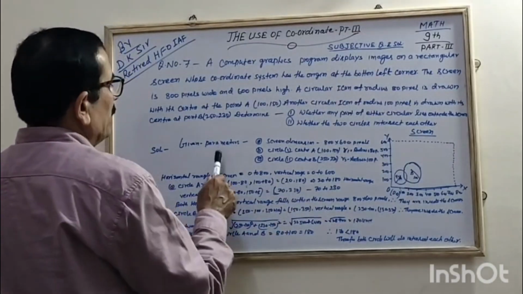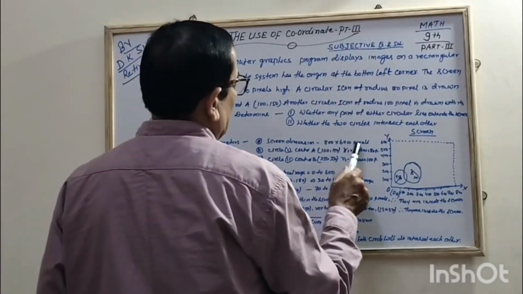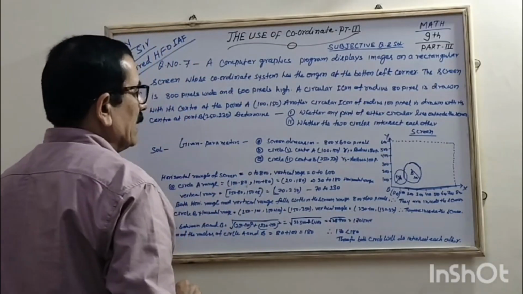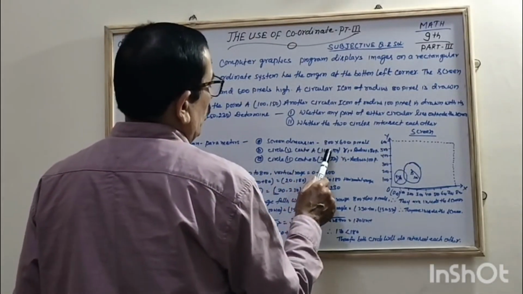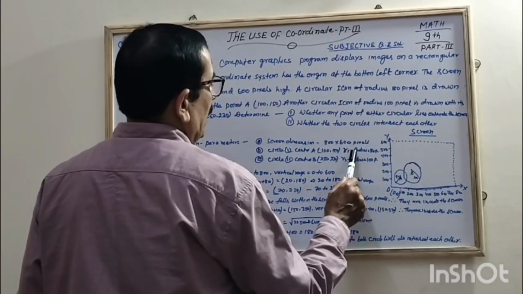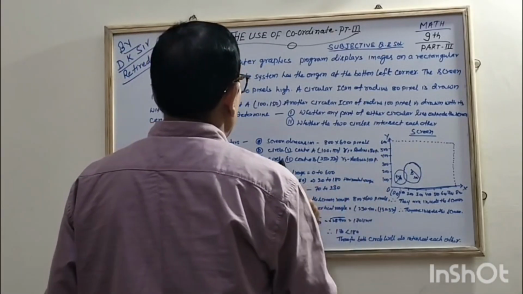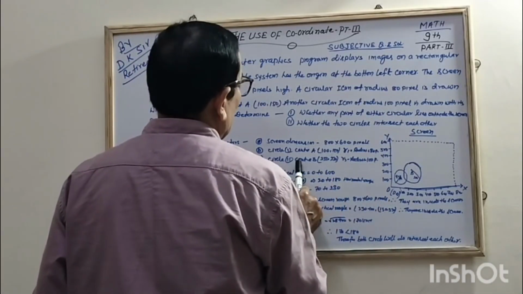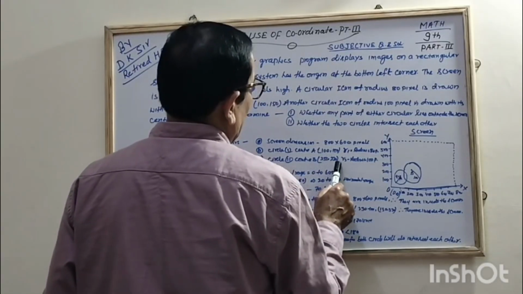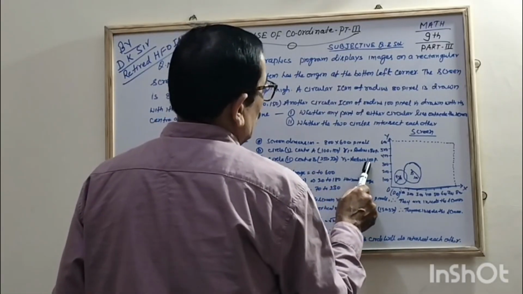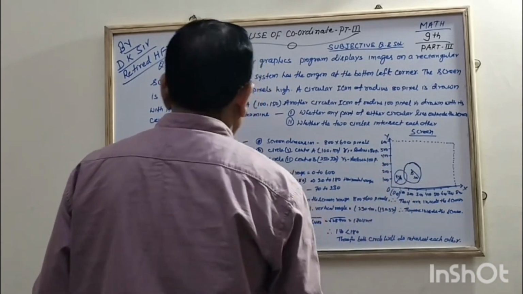The given parameters: screen dimension is 800 by 600. Circle 1, center A has coordinates 100, 150, and radius R1 is 80 pixels. Circle 2, center B is 250, 230, and radius R2 is 100 pixels, correct?